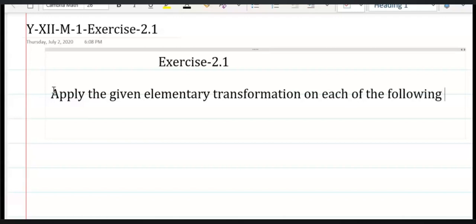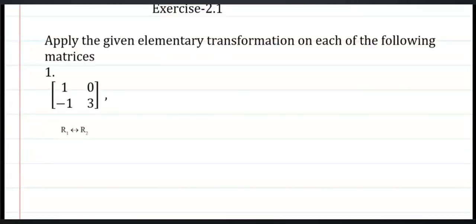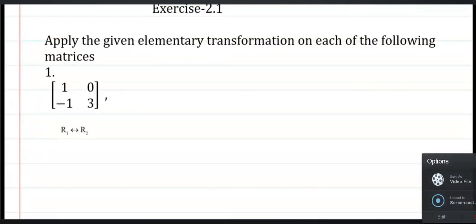Apply the given elementary transformation on each of the following matrices. The first example: the matrix is 1 0 minus 1 3. I will always read the matrix in this manner, first row, second row, in this manner, that is 1 0 minus 1 3.